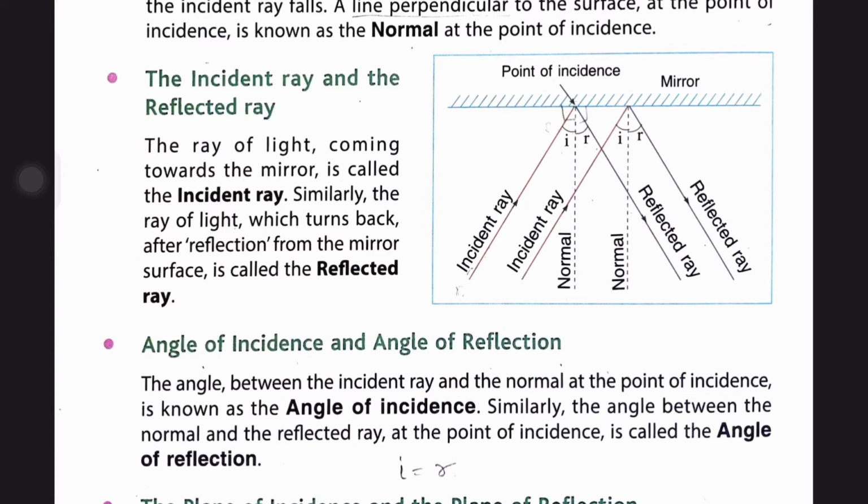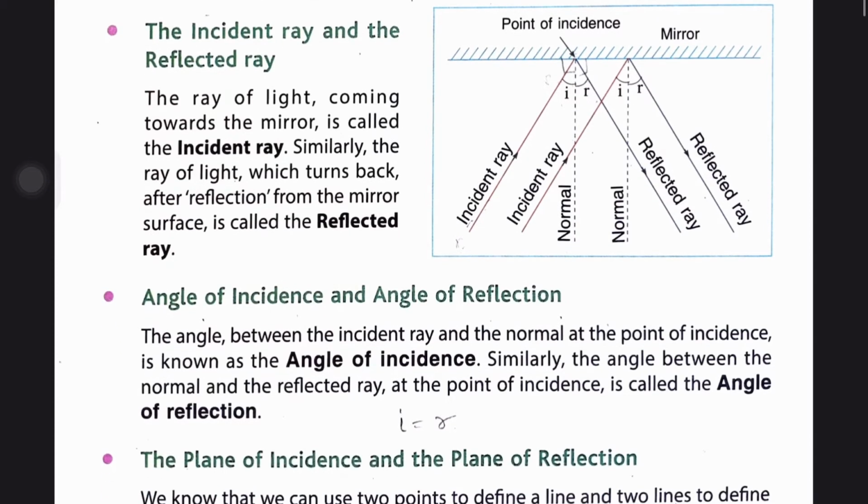Second, the incident ray and the reflected ray. The ray of light coming towards the mirror is called the incident ray. Similarly, the ray of light which turns back after reflection from the mirror surface is called reflected ray.